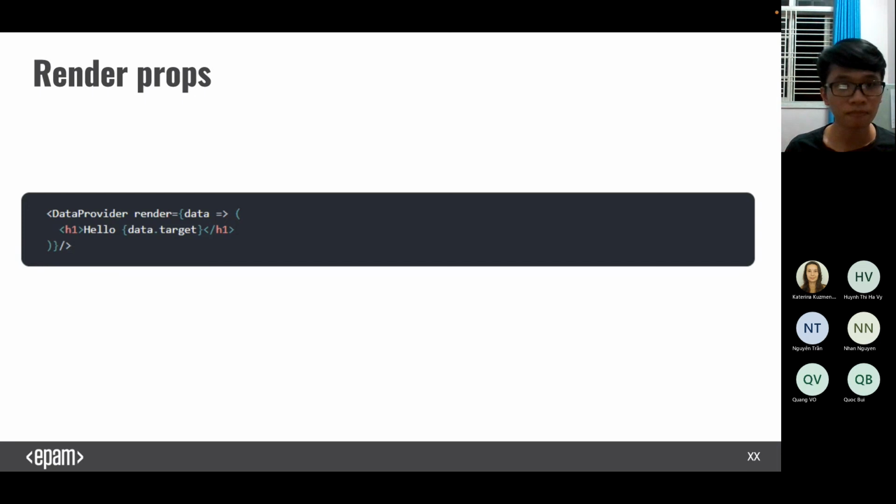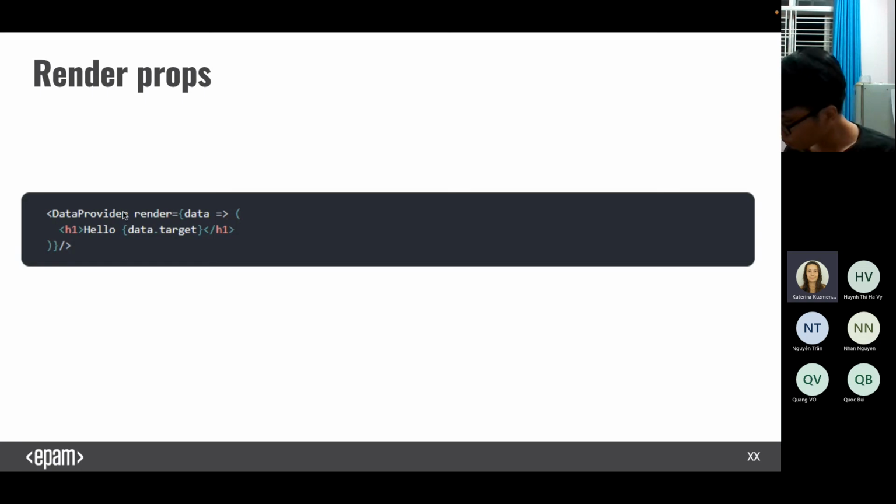Render props. If you would like to, for a data provider, we might render these properties by putting a render key argument and putting data there.